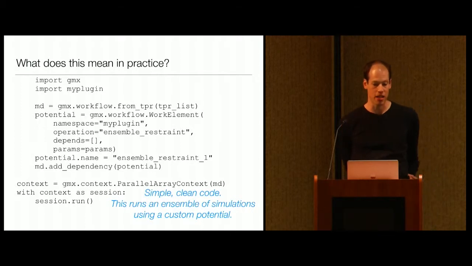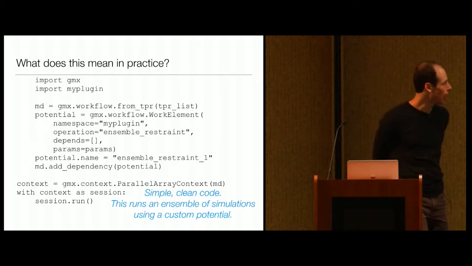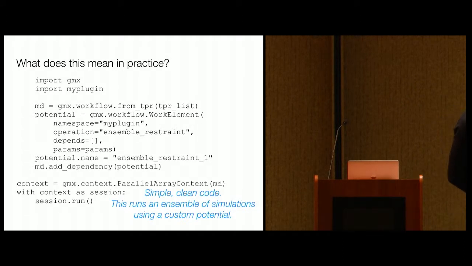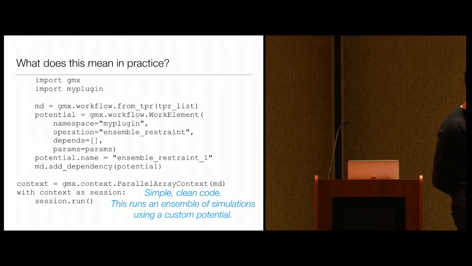So what does this mean in practice, and what does this look like? This is an example of the high-level Python code to execute one particular task. It's essentially importing our GMX front end and then a custom written plugin, and setting up, in this case, a set of GROMACS work objects from a list of input files.